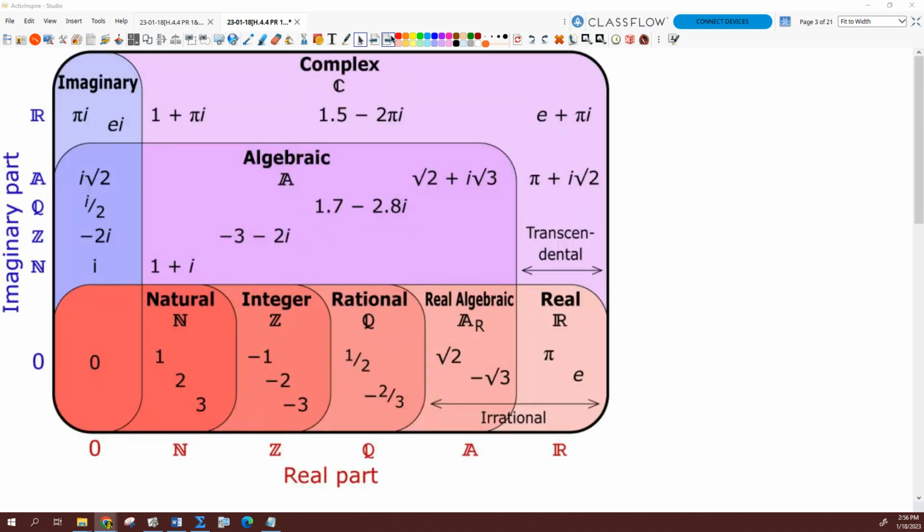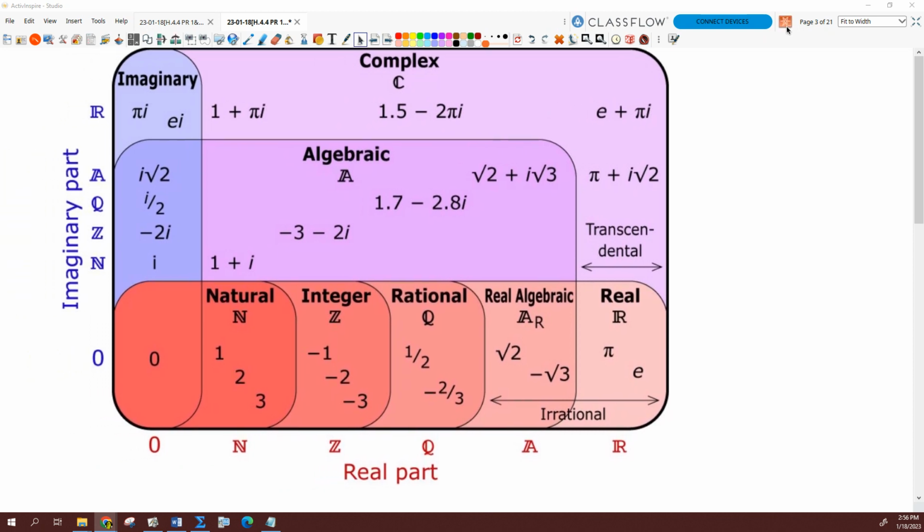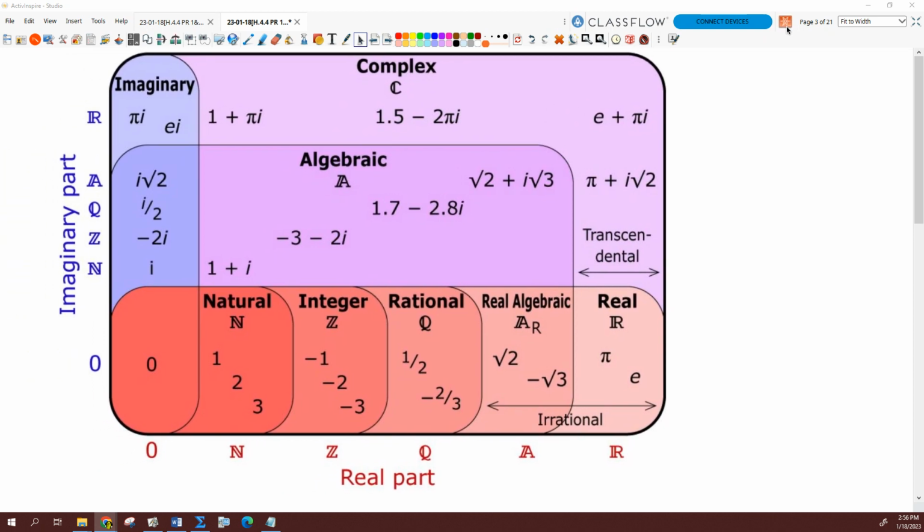Here's a more involved exploration of the set of complex numbers. We're not going to deal with this. It's just to show you that there's a lot more there. You don't have to know all this stuff, right? But we can take the set of real numbers, this big set, and break that up into subsets like the real algebraic numbers.